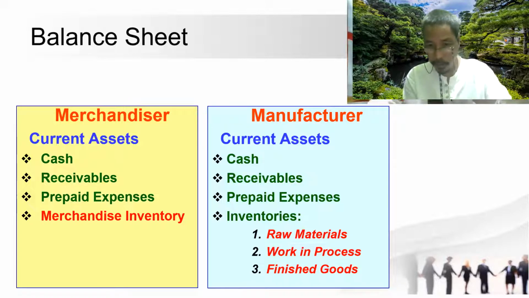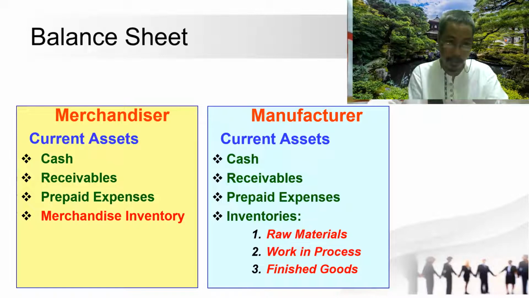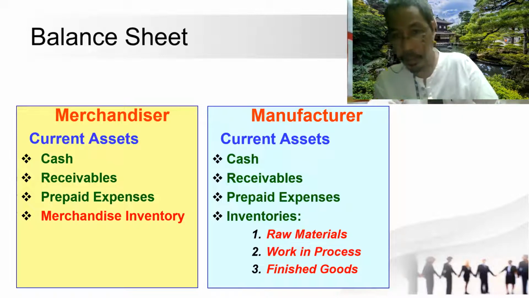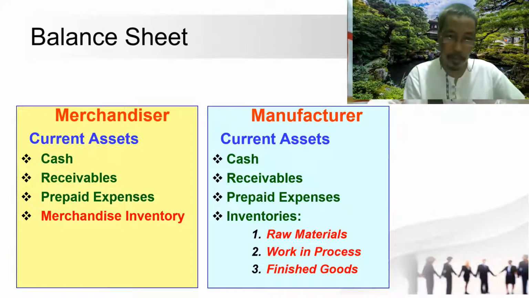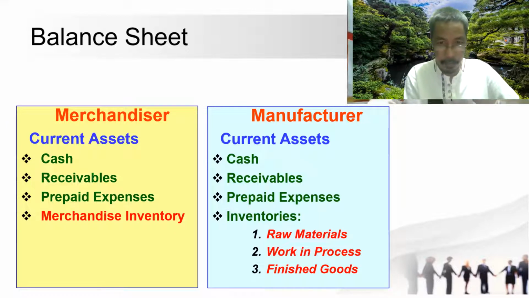Work in process inventory we don't have. Finished goods inventory we don't have. We only have the product that we purchase in full, that is merchandise. Still, we are saying it is merchandise inventory, but it is just wholesale and retail process.